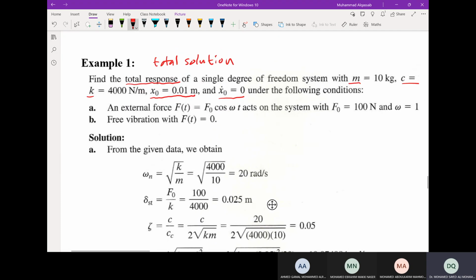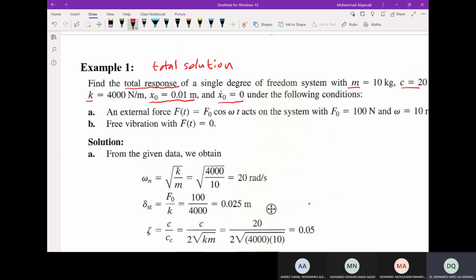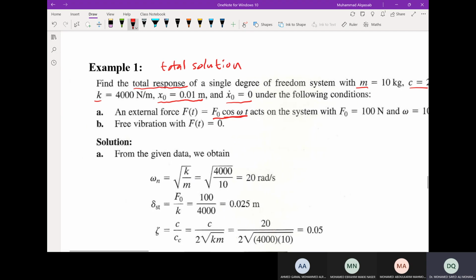The first one is an external force F of t equal F naught cosine omega t, which is a harmonic force, acting on the system with F naught equal to 100 Newton and omega equal to 10 radian per second. And case B, condition B, is the free vibration with F of t equal to 0.